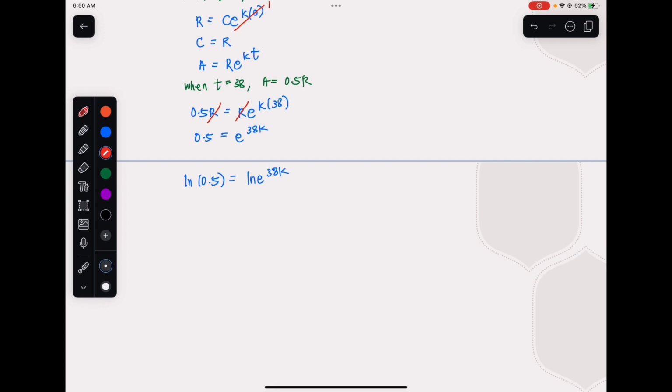Remember, if we have ln e raised to X, applying the properties of logarithm, this is the same as X times ln e. But ln e is equal to 1, so that would simply be X. So we just eliminate the ln e, and ln of 0.5 will be equivalent to 38K.